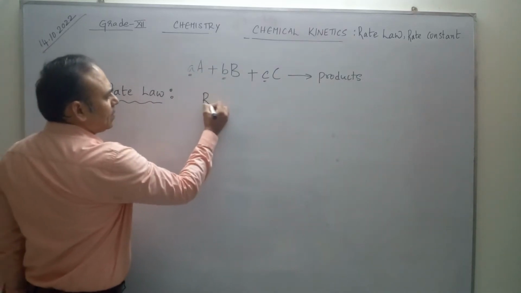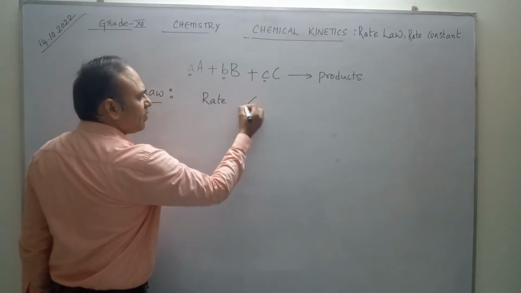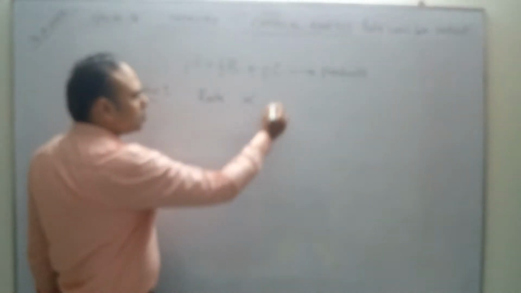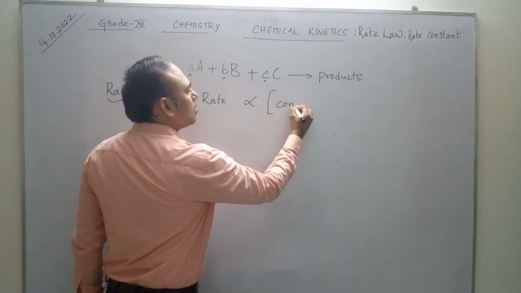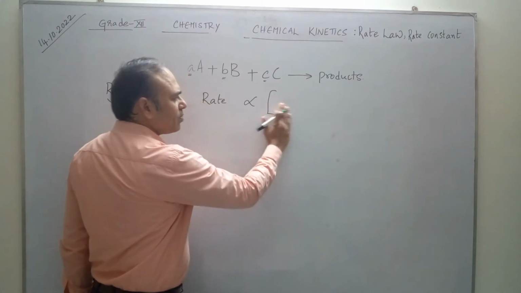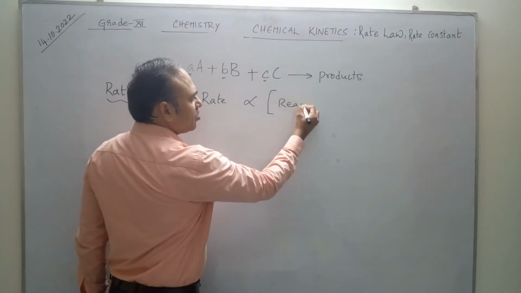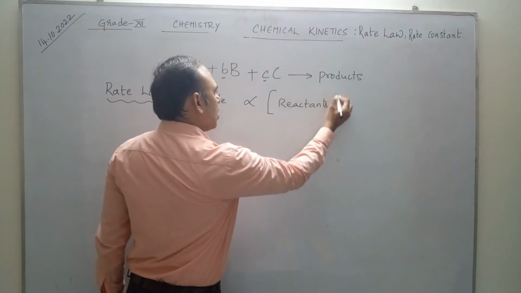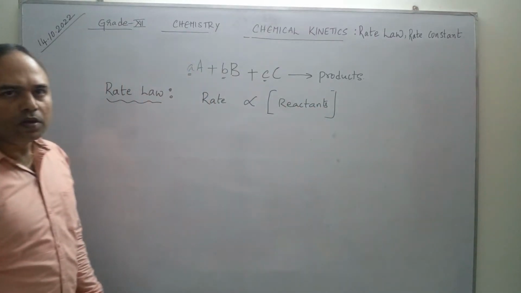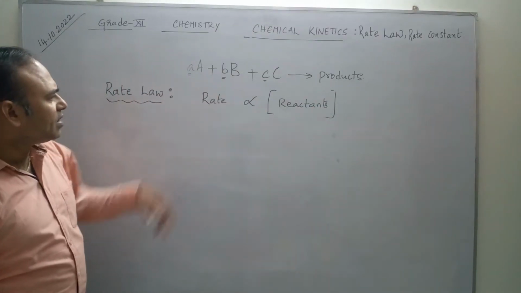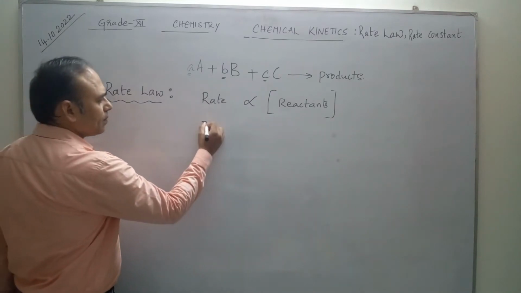It says that the rate of a reaction is directly proportional to the concentration, you can represent in square bracket, the concentration of reactants. Fine.